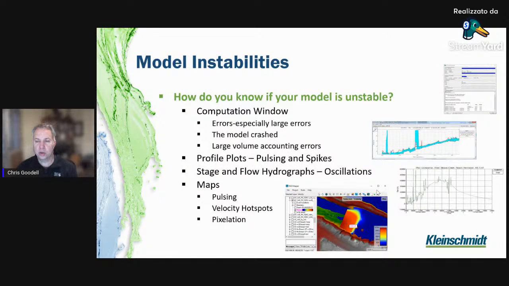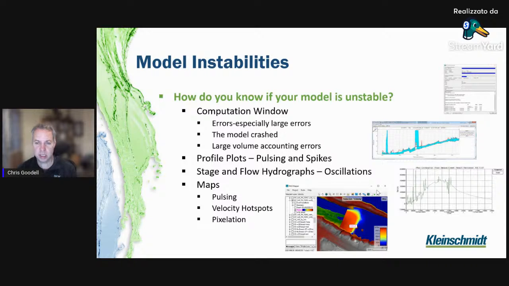So how do you know if your model is unstable? We talked a little bit about this already, but once you've run your model, the first check is the computation window. This is the window that pops up as the model's running, and it shows you all of the different messages. Sometimes they're error messages, other times that's just informational.